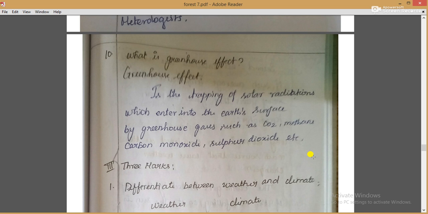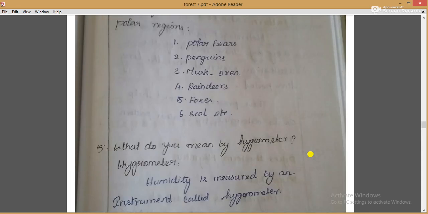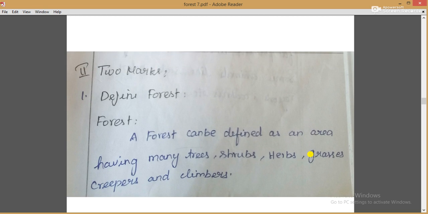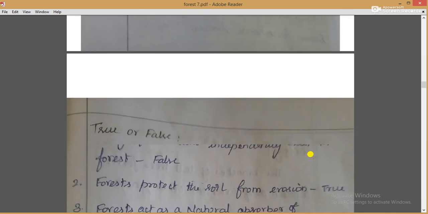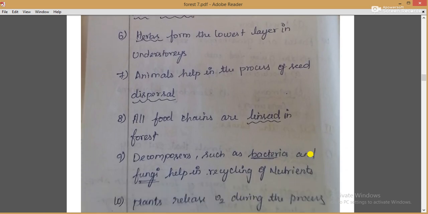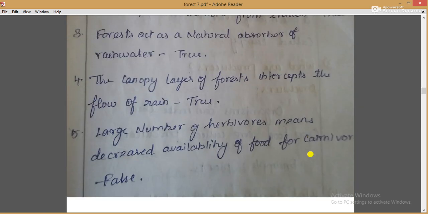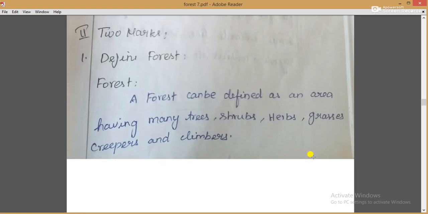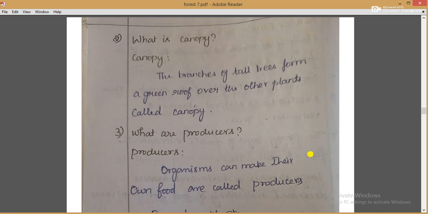Okay students, in today's class what we learnt: 1 marks and 2 marks. What are the 1 marks? There are 10 choose the best answers, 10 fill-ups, and 5 true or false. Then 2 marks. First one is define forest. We saw about forest, right? Then what is canopy?